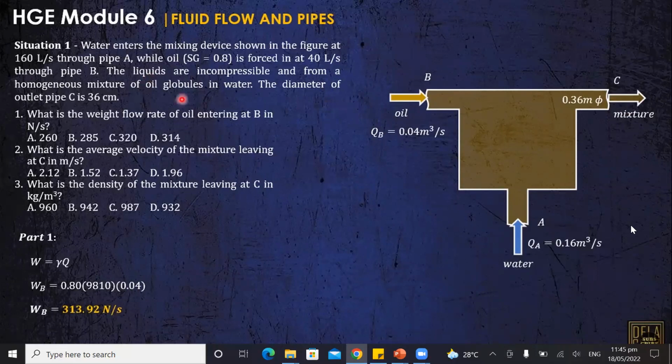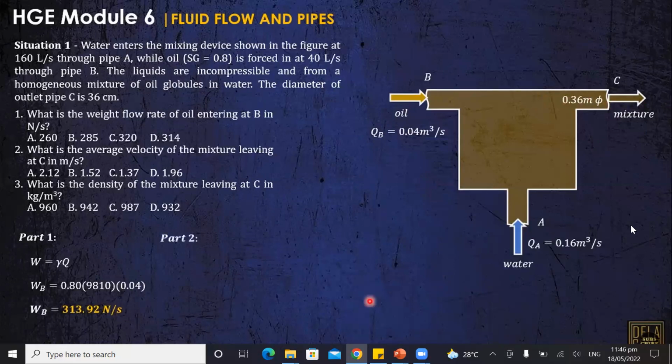Now, as the problem states that the liquids are incompressible, so therefore, it is assumed that yung water and yung oil is completely mixed here dito. Kumbaga, nag-mix talaga siya, no? That's why yung density here must be equal to the density dito. So we can simplify the thing here that the QA plus QB must be equal to QC.